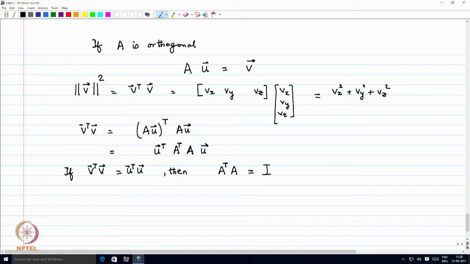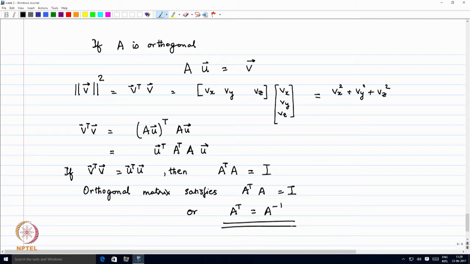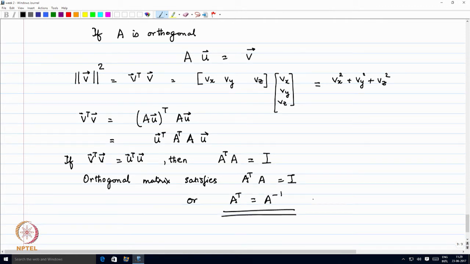Because if A transpose A was identity, then this will be identity times U, which is just U, and U transpose U. So thus an orthogonal matrix satisfies A transpose A equal to identity, or A transpose equal to A inverse. This is what gives you what is called an orthogonal matrix.